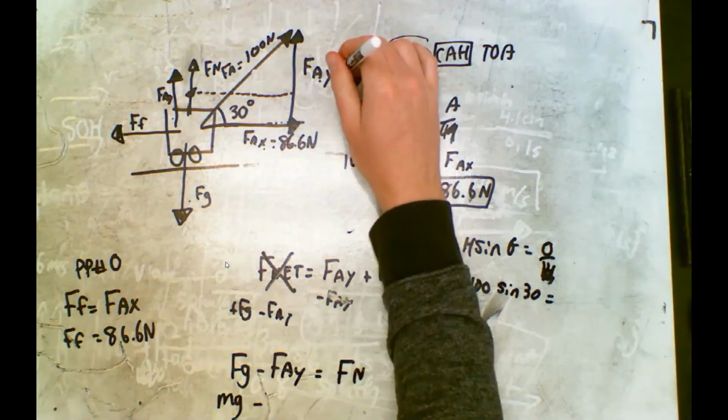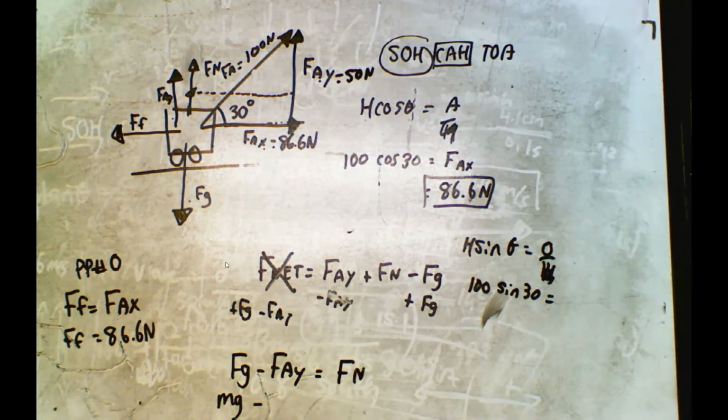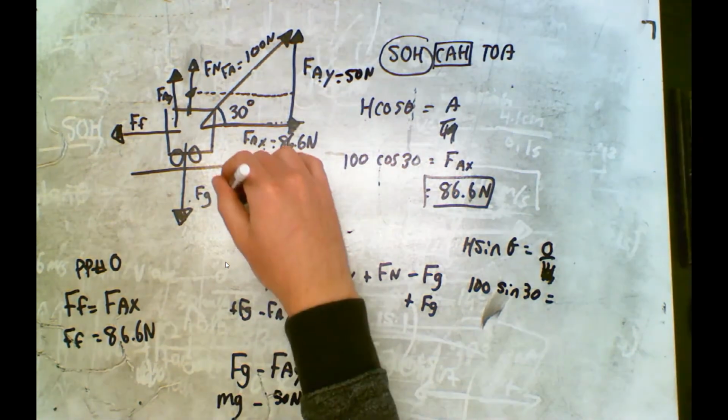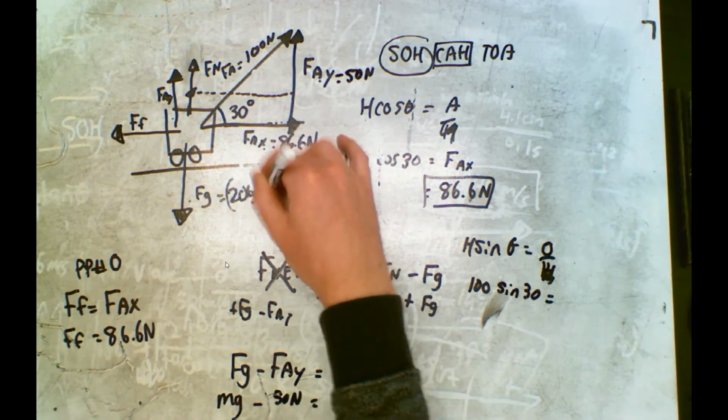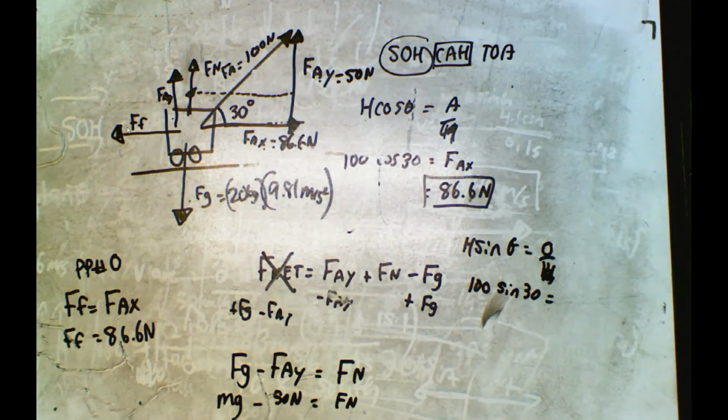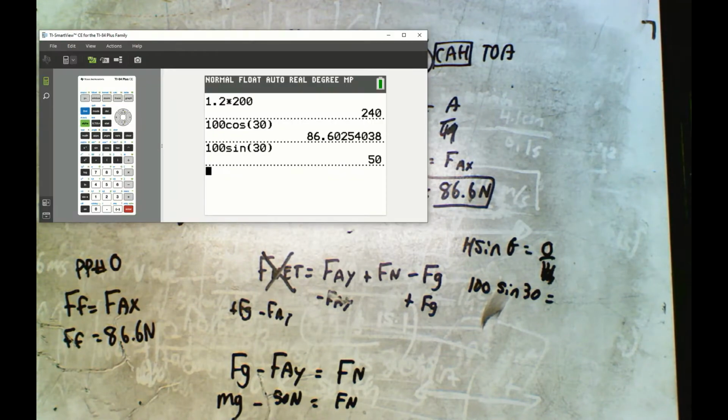Right, so this is 50 newtons. Okay, so mg minus 50 newtons is going to equal my force normal. So I just have to find this, and it says that my lawnmower is 20 kilograms times 9.81 meters per second squared. So I can solve that, and I can go 20 times 9.81.